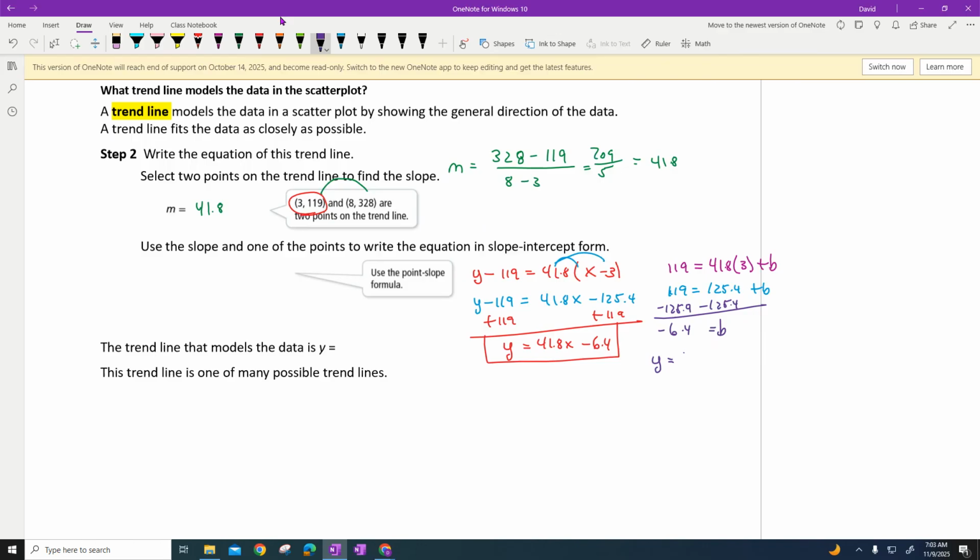My slope was 41.8 x, and my b is minus 6.4. So it doesn't matter which way you do it. Some kids like point-slope. Either way, it's 2 steps. Okay, so it doesn't really matter as long as we get all of that down to the slope-intercept form.